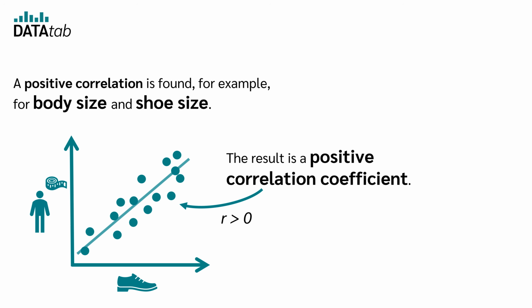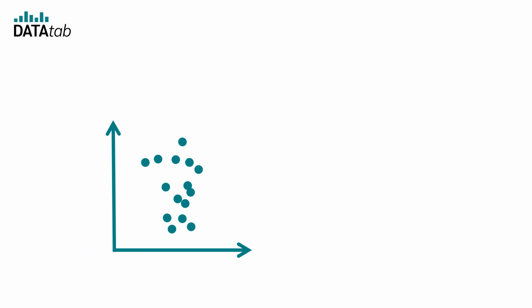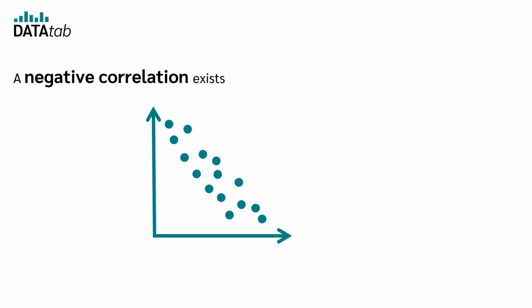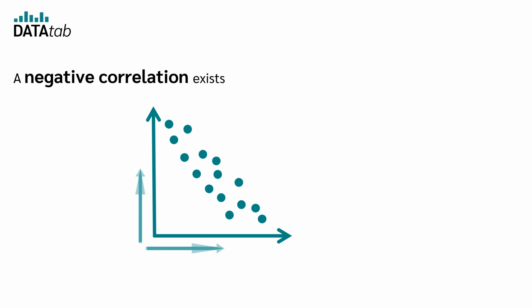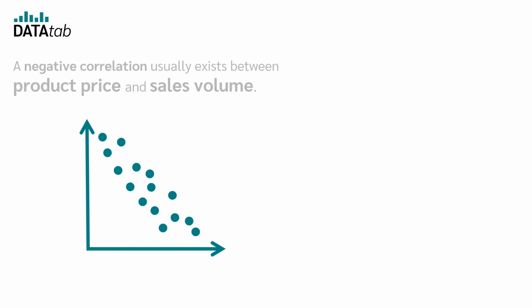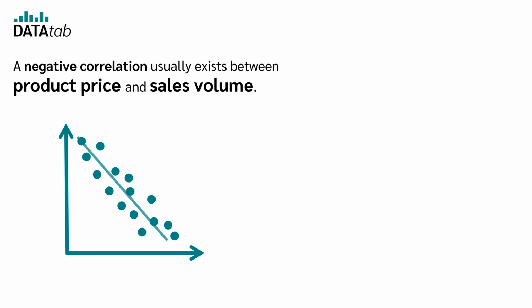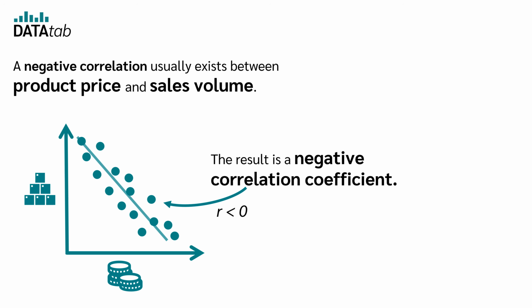The result is a positive correlation coefficient. A negative correlation exists when high values of one variable go along with low values of the other variable, and vice versa. A negative correlation usually exists between product price and sales volume. The result is a negative correlation coefficient.